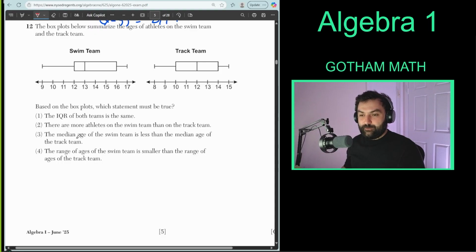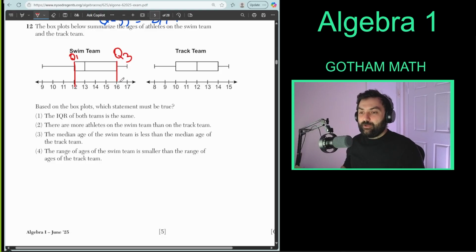Okay, the median. Okay, guys, we can start with the easier things and then go into the harder things. So we can start with IQR, I guess. IQR is Q3 minus Q1. Q3 is the end of the box, and Q1 is the beginning of the box.